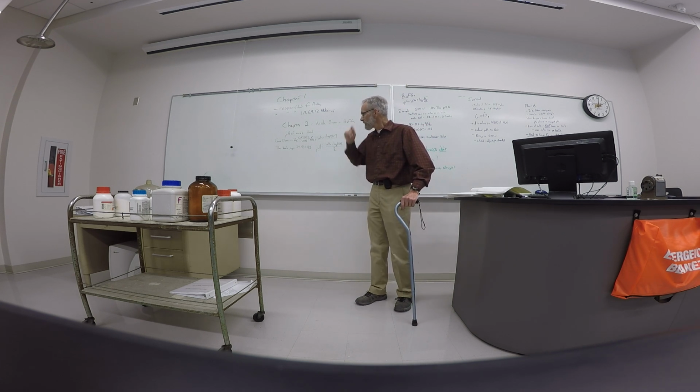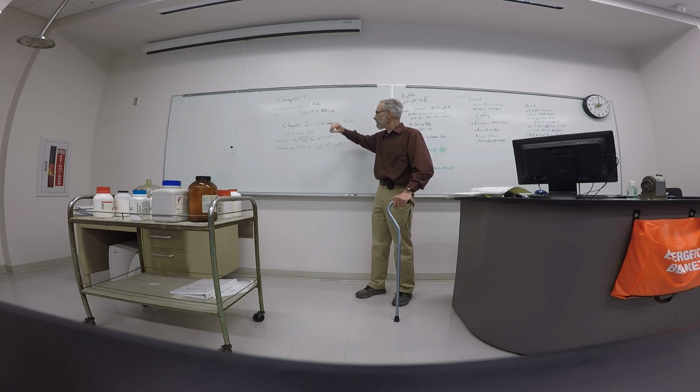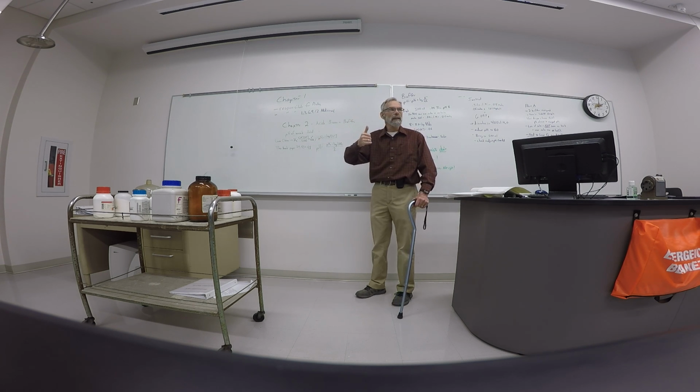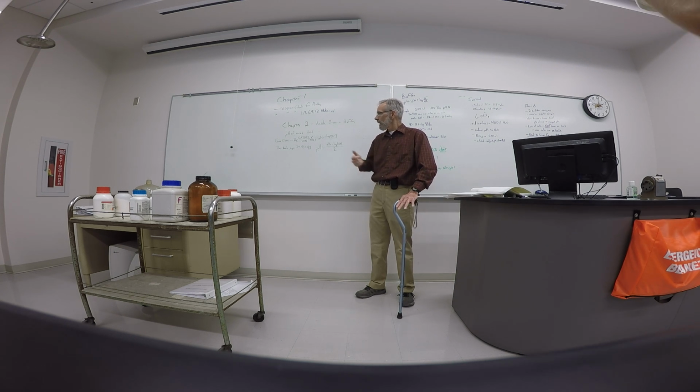Okay? Now the first thing I want to mention is that we start off with just calculating the pH. Hopefully you all remember how to calculate the pH of a strong acid and base. The one that grabs most people is the calculation for a weak acid or base.